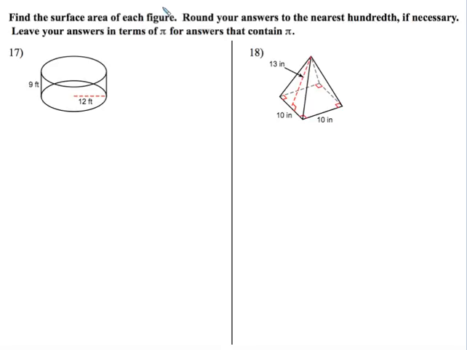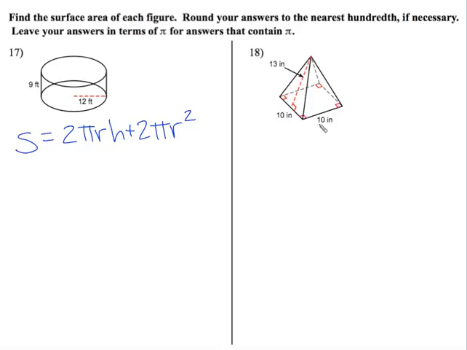All right, so surface area of a cylinder. Let's hope I can remember this because I don't have my formula chart. I do believe that it is 2 pi rh plus 2 pi r squared.